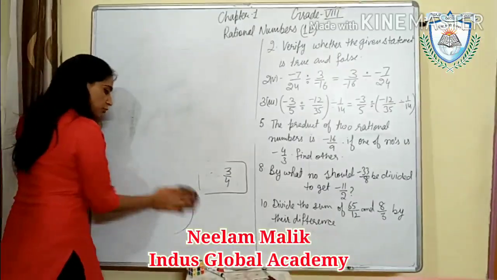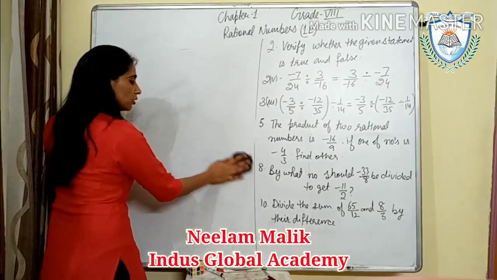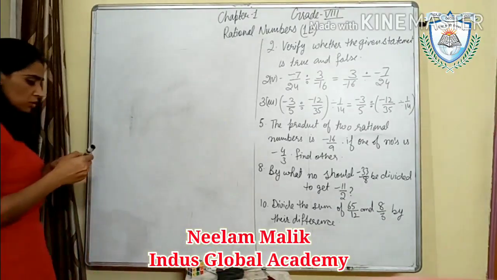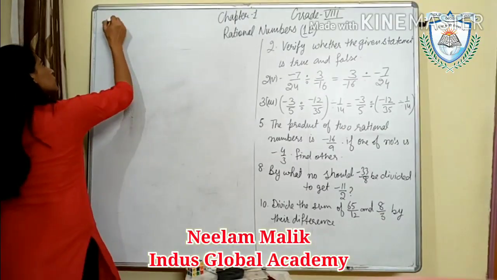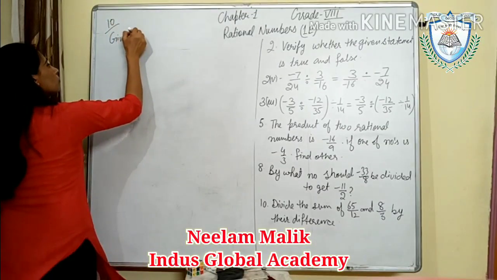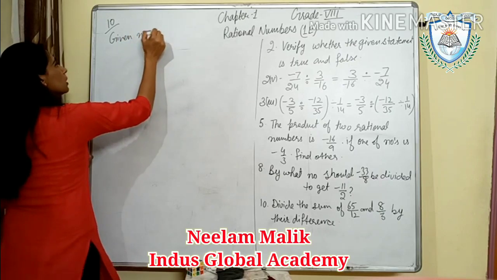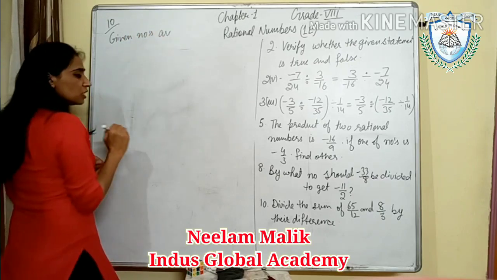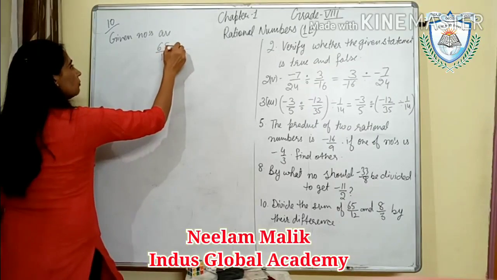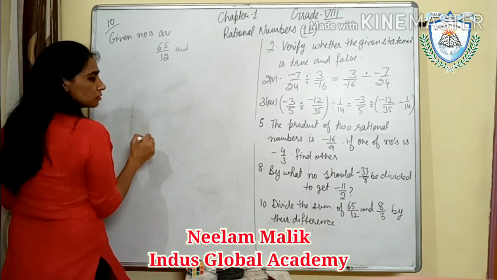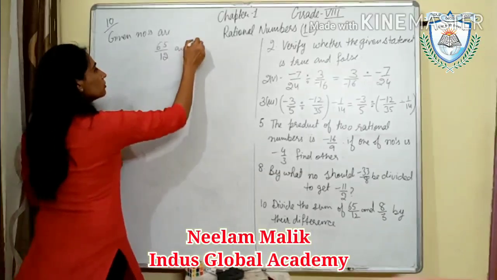Means first we have to add these numbers, then we have to find out their difference. So what is given to us? First we will write the given numbers. This is question number 10. The given numbers are 65 upon 12 and 8 upon 3.